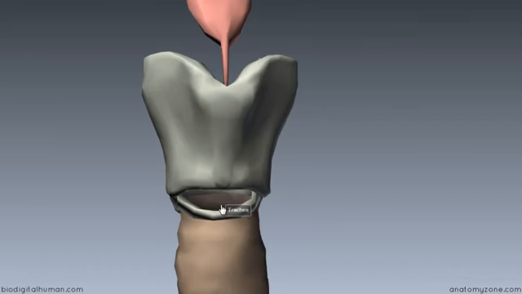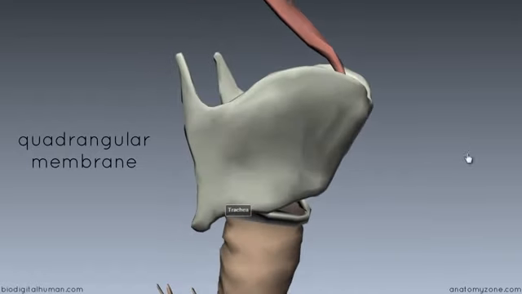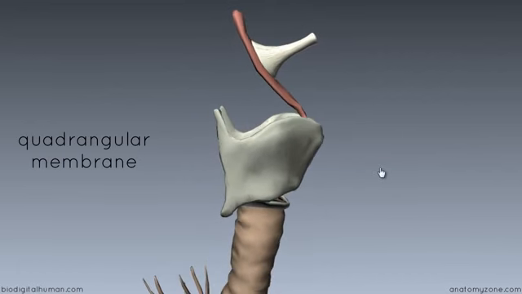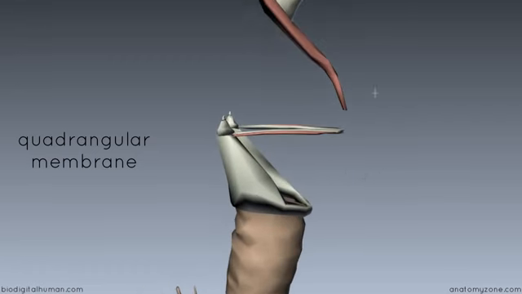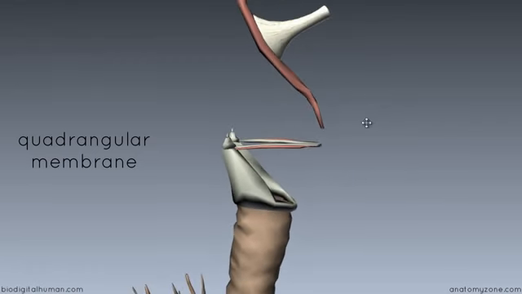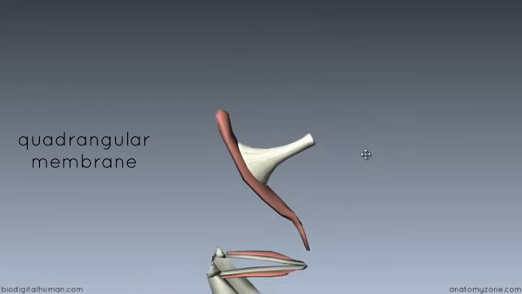Okay, so the next membrane we've got is the quadrangular membrane. So if I just rotate the model round, I can try and describe the quadrangular membrane to you. So I've just got rid of the thyroid cartilage, and we're going to take a closer look at what we've got here.